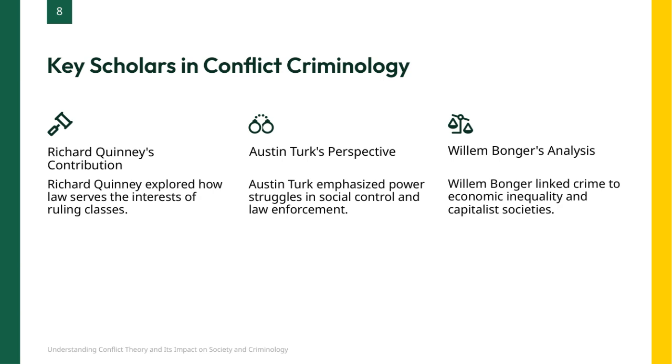He pointed out that these struggles reflect deeper conflicts within society over who gets to enforce rules and whose interests are prioritized. Lastly, Willem Bonger offered an important analysis connecting crime to economic inequality, particularly within capitalist societies. He argued that capitalism creates conditions that foster crime, especially among those who are economically disadvantaged. Each of these scholars provides a unique lens for viewing crime as a social and political issue tied to power and inequality.